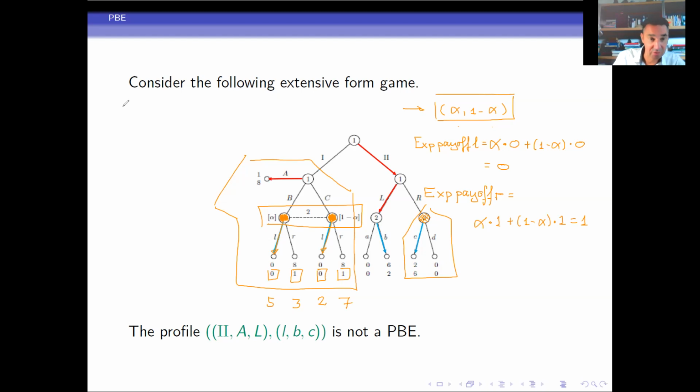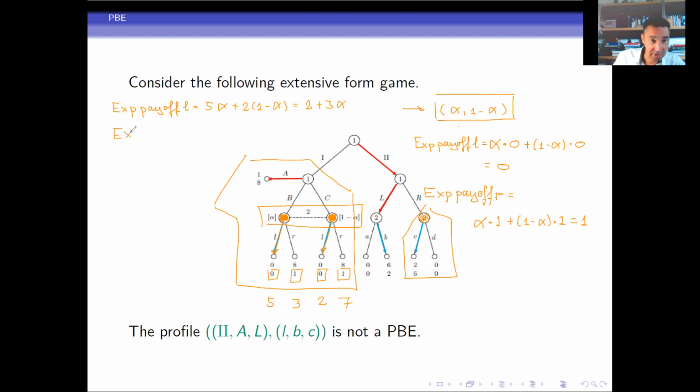Let me do that just to show you how it would look in this case. If you would choose left, then with probability alpha, you get 5, and with probability 1 minus alpha, you would get 2. So that would be 2 plus 3 times alpha.